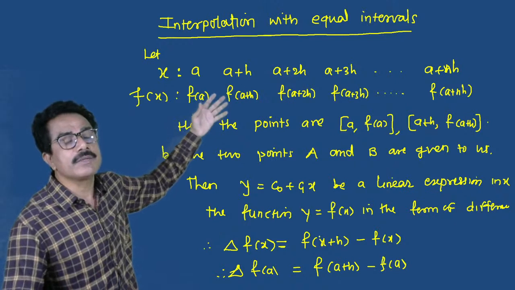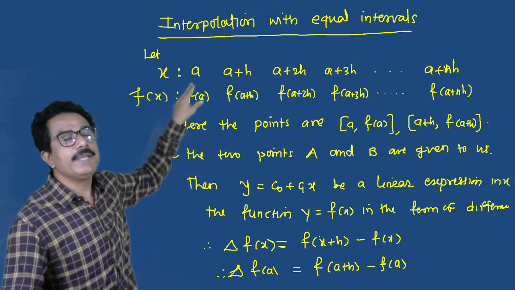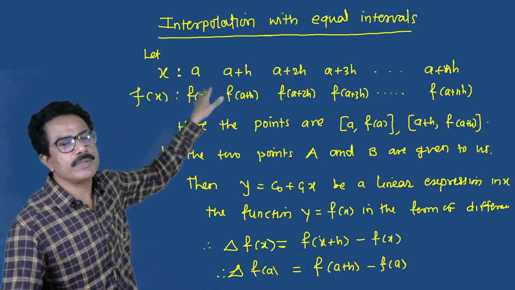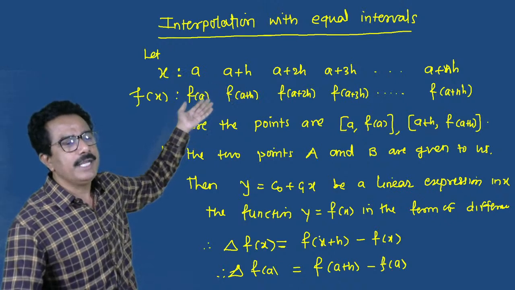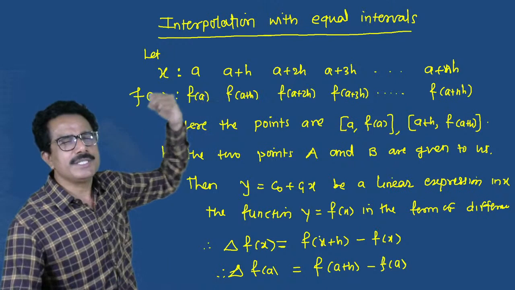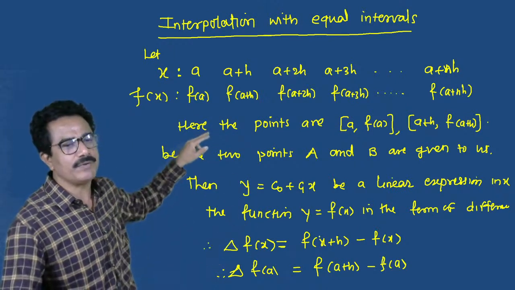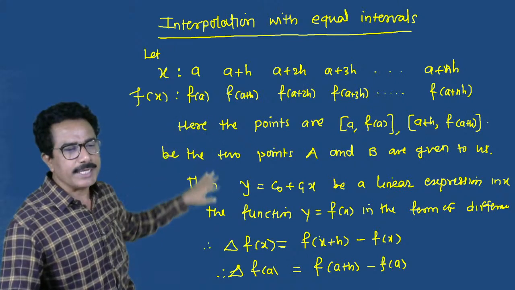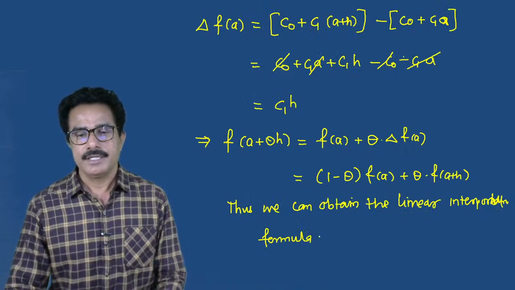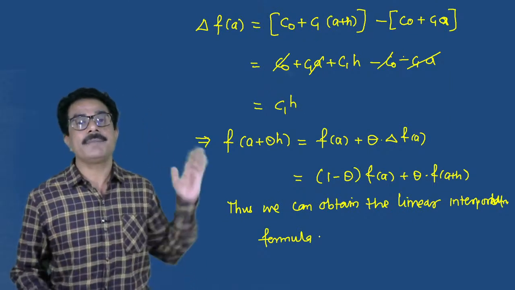Interpolation with equal intervals. If we consider x and f of x such that a plus h, a plus 2h, up to a plus nh, and suppose we want to calculate at a plus nh, then we have to form the interpolation formula, which can be obtained by using this difference or the Lagrange's, as we have seen in the B.Sc. first year.